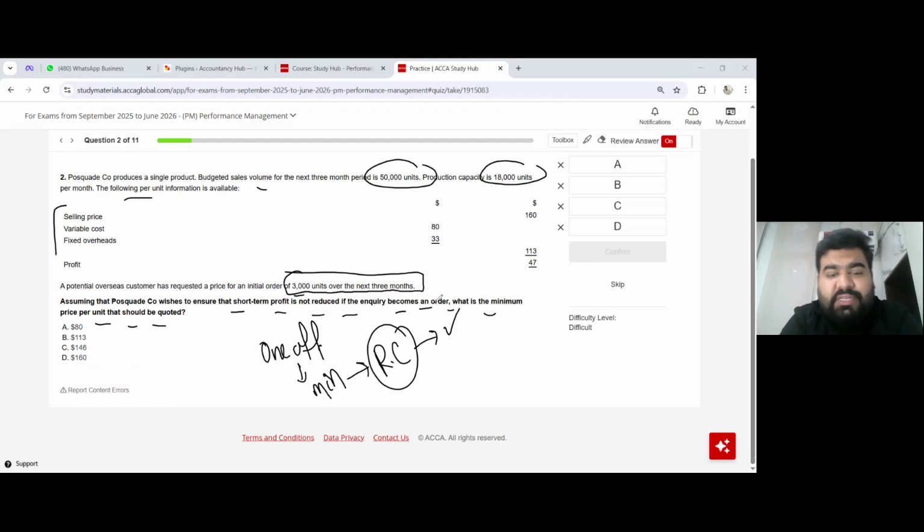If you see in this scenario, only one relevant cost is there, that is variable cost, 80. The other, 33, is fixed overhead, which is already irrelevant, so it will not be included. At least we will charge him the relevant cost, and only variable cost is here. So the answer will be A, 80.